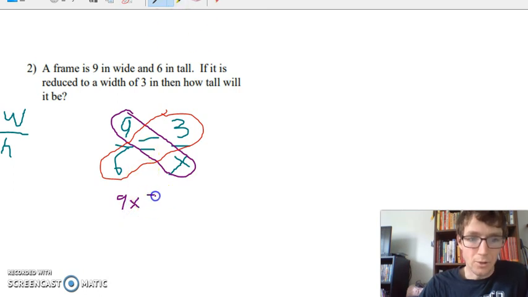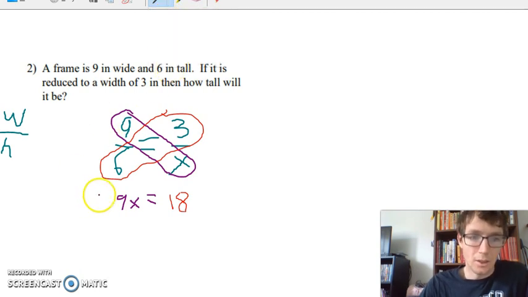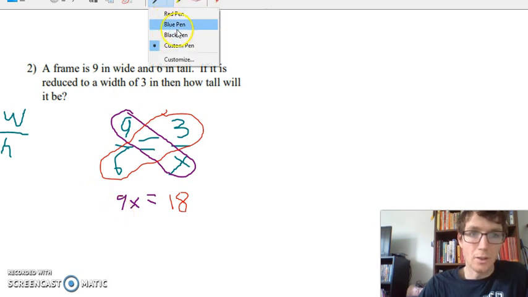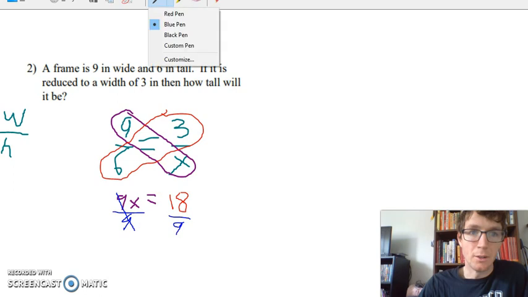And then that's equal to 6 times 3, which is 18. Okay, so next step, we just have 9 times x equals 18, so all we have to do is divide by 9 here. So I'll divide by 9, divide by 9. So the actual math of this problem really isn't too bad, it's just setting up the correct proportion that I want you guys to practice.